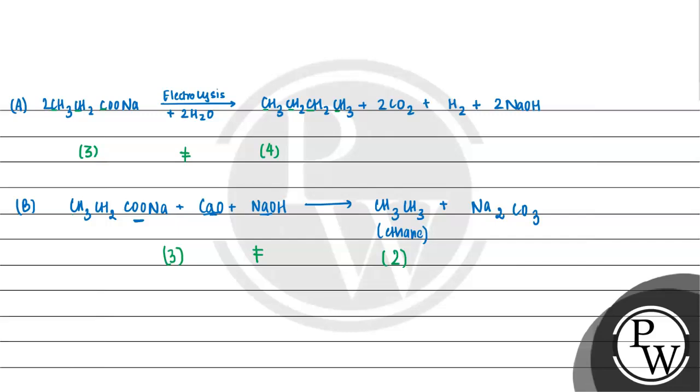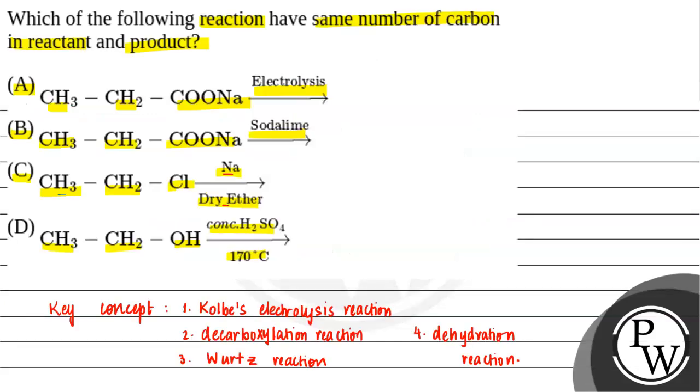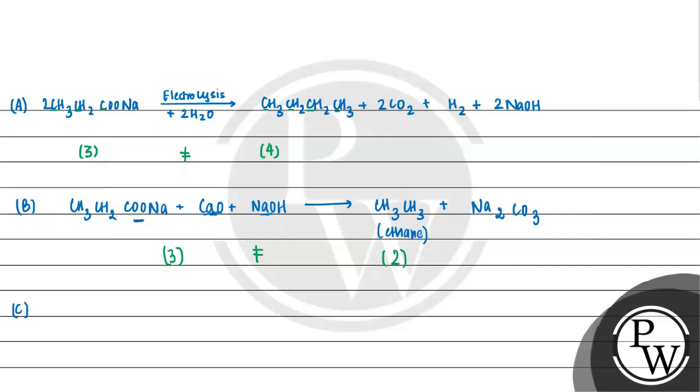Now let us talk about our third reaction, which is our Wurtz reaction according to the question which is given to us. तो हमें Wurtz reaction करना है जिसमें हमारा CH3CH2Cl हमें given है and we have to react this with Na in presence of dry ether.